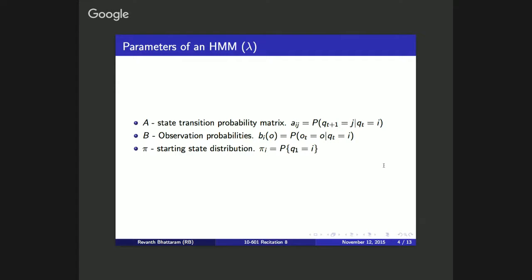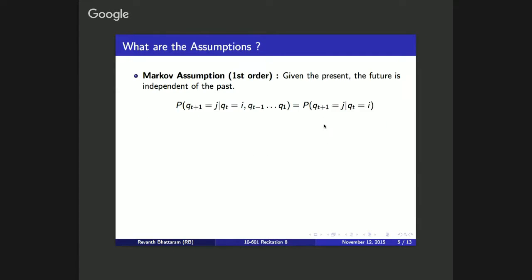So going back, we have a couple of assumptions that we make in a hidden Markov model. The first is the Markov assumption. We're looking at the first order Markov assumption, where if I want to know the probability that I'm going to be in some state J in the next time step, given the current data, if I know where I am right now, that's all the information I need to know where I'll be in the next time step.